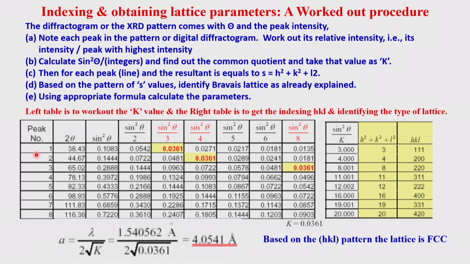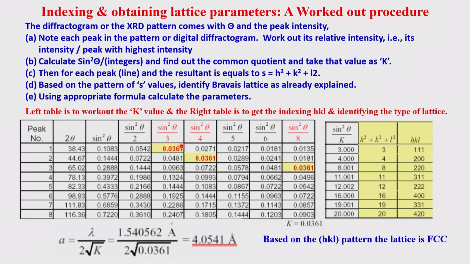Since I have already talked about all this, I may be going a little bit quick, but I will still be covering everything. Here 8 of the peaks were picked up from the diffractogram, and you convert their 2 theta value into theta and then find the sine squared theta. Then you divide with different integers. There is no point in dividing with 1 because it is already there.